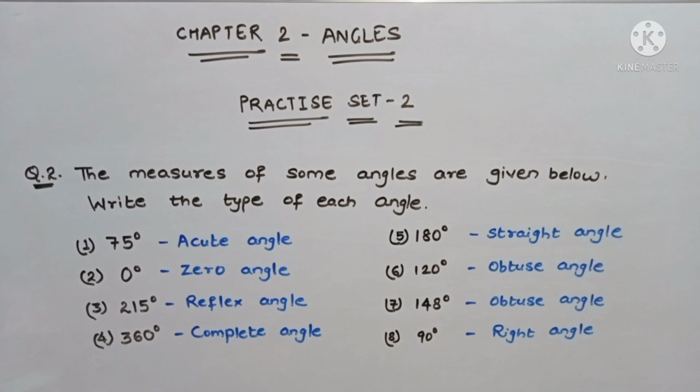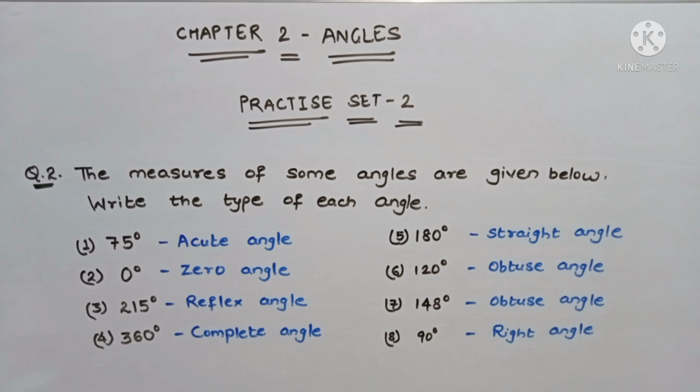Second one, 0 degree. As the name of the angle mentions, that is 0, it is a zero angle. Third one, 215 degree. This is a reflex angle. Why is it a reflex angle?